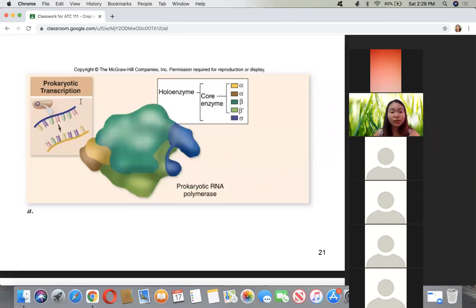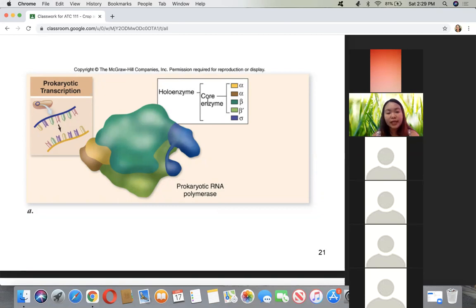So this is just to show you the figure of what we have discussed earlier in the prokaryotic transcription. So ito yung mga figures niya under a very high-tech na microscope, no? Electron microscope.